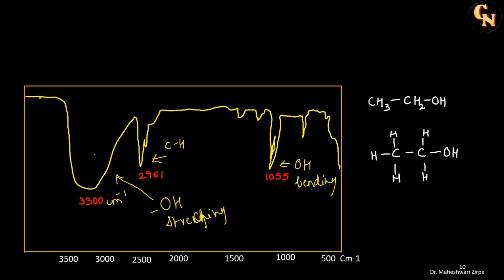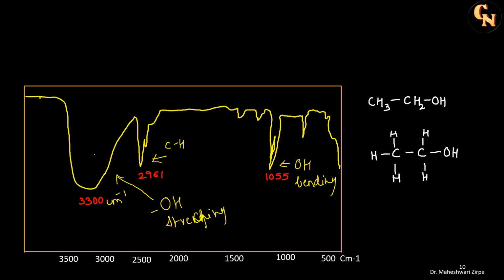So this way you can guess what groups are present. From IR spectra we cannot directly determine the structure; we can only partly determine what groups are present. To determine the structure, I have already made one video on elucidating the structure using IR, UV and NMR spectra.